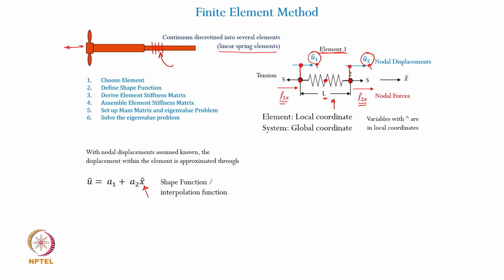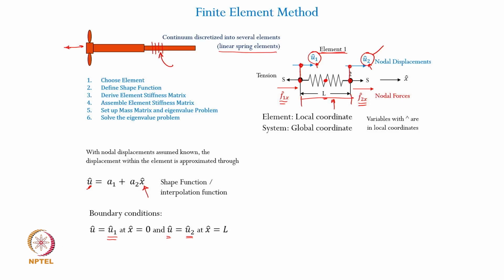So, having known the nodal displacements u1 cap and u2 cap, we can express the boundary conditions as: u cap at x cap equal to 0 is the nodal displacement u1 cap at node 1, and similarly, u cap at x cap equal to L is the nodal displacement u2 cap, where L is not the length of the total vibratory system, it is the length of the finite element.